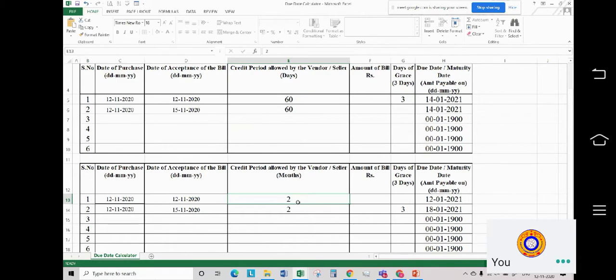Actually, these functions are available in the Tally software also. We can go and check it out. But that is automated, which means the programs have been fed while the software was designed. But here we made our students explore by using their creative skills and the formulas which they know, and with the help of the teacher, that is, I gave them some idea on how to prepare it.